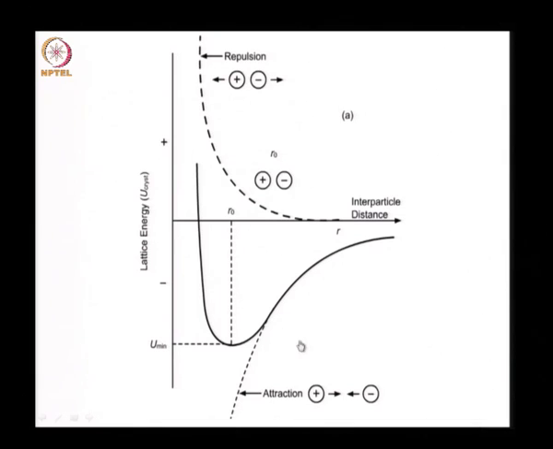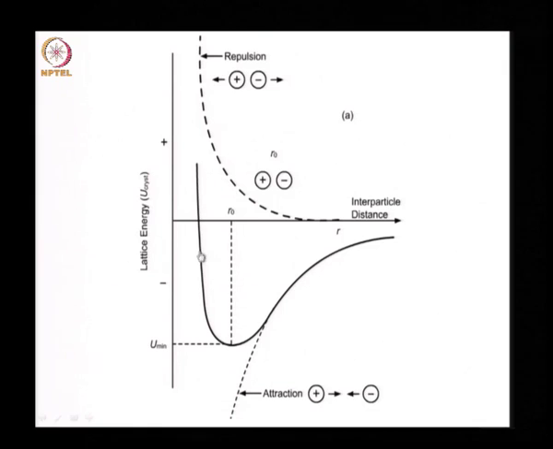Now, there is also a repulsive force, and this repulsive force becomes very high when the atoms are very close to each other. If we push the atoms together a lot, you have a very high repulsion occurring, and this overtakes the attractive forces when the distance becomes very small.